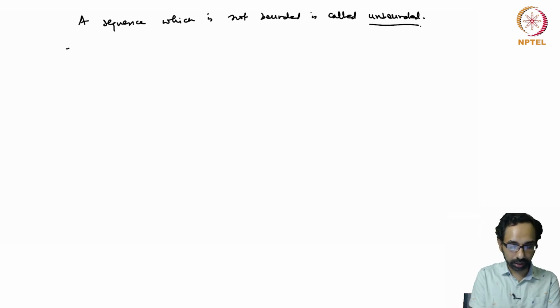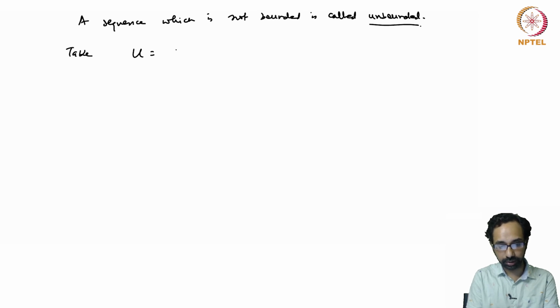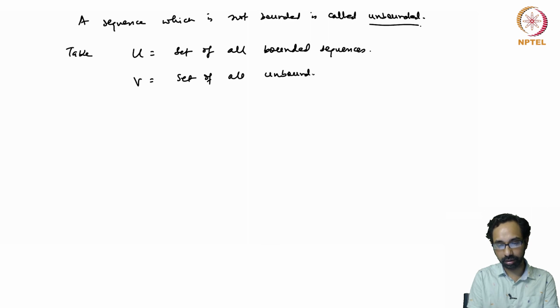So now take the two sets: U, the set of all bounded sequences, and V, the set of all unbounded sequences. So of course both are in R^omega.